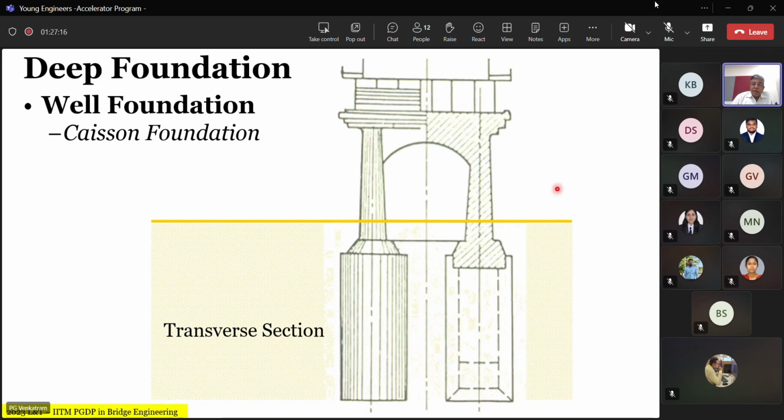All right. Next question. Can the founding level be different? When you have two foundations close to each other, can the founding levels be different? It depends on the stiffness of the soil strata.